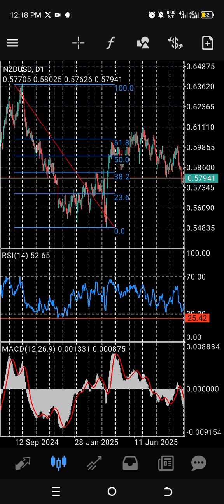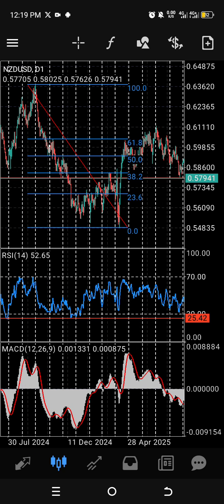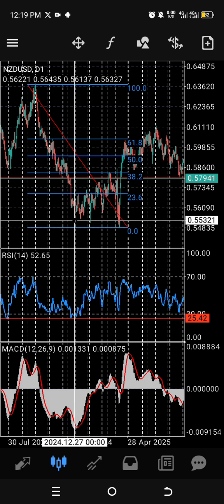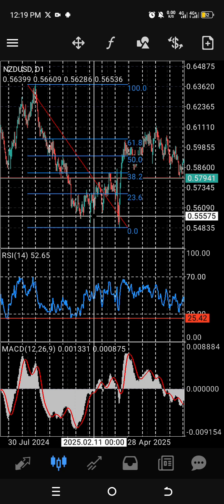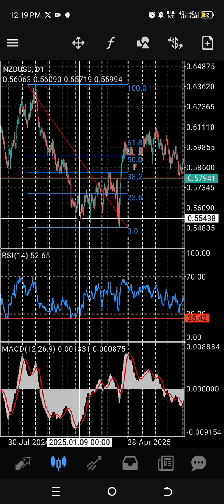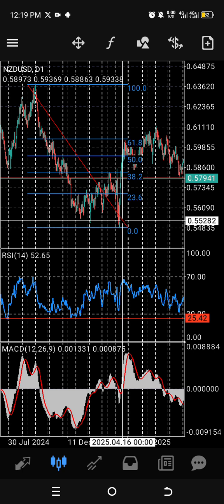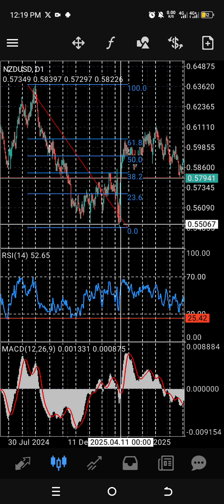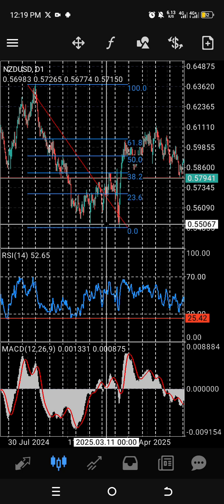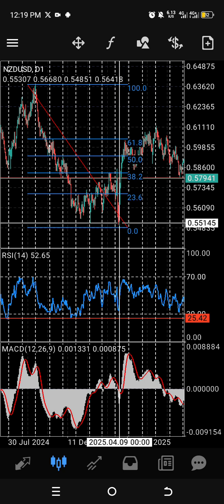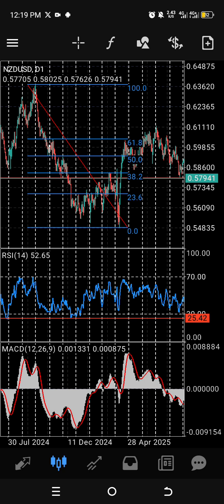So let us look at what happened in this case of New Zealand. Look at what happened here. The price was making a lower low here. This is the previous low. The market came down, broke the support and made a new low here. That tells you that the price is making a lower low. But let us check our oscillator, if the oscillator is making a lower low as well.